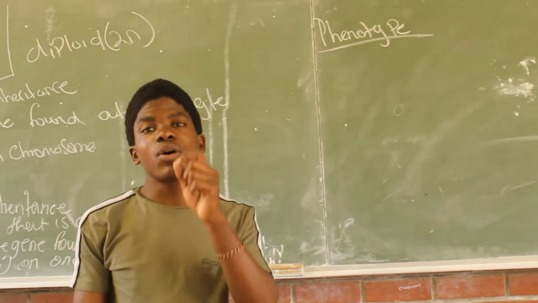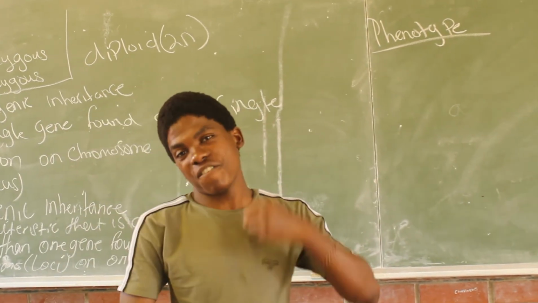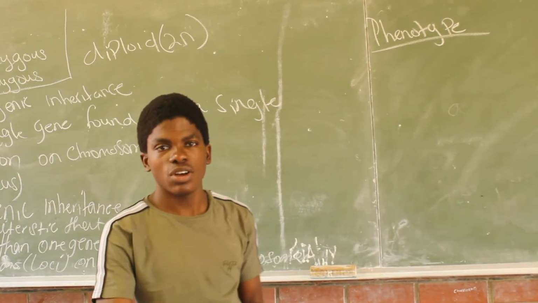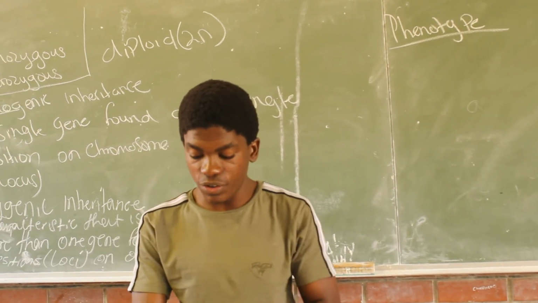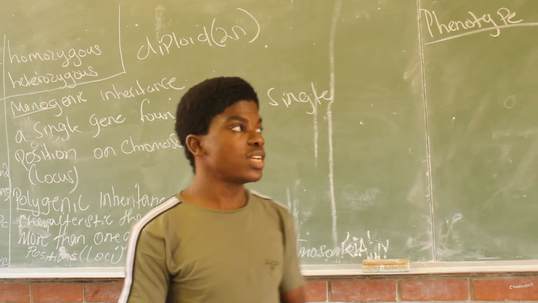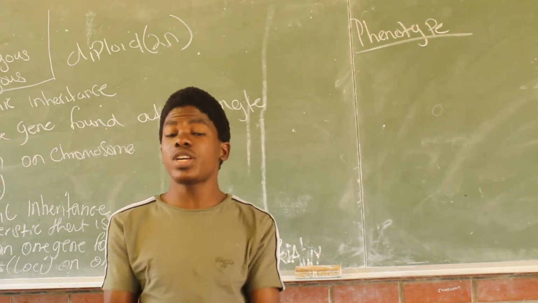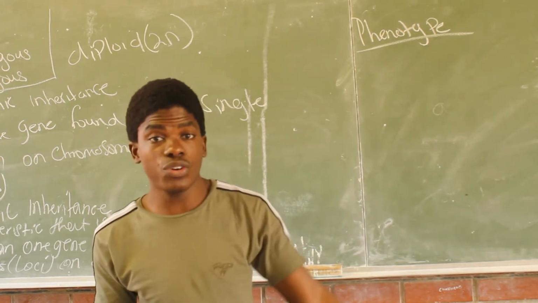When we are talking about a phenotype, we are talking about the outward, the physical appearance of an organism. That is what a phenotype is. So the external appearance of an organism is the phenotype. What I see when I look at you, what you see when you look in the mirror, that is your phenotype.